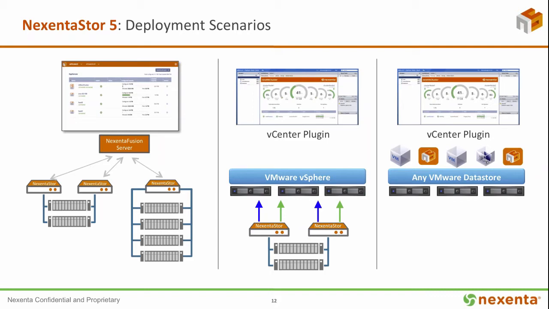Another thing I'll call out is, in Fusion, managing a cluster is basically managing a single system, right? So all of your pools, your file systems, your volumes, your services will show up from that single appliance that happens to be a 2-node appliance. So again, you get this single view of your configuration.